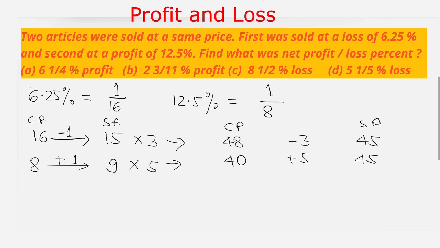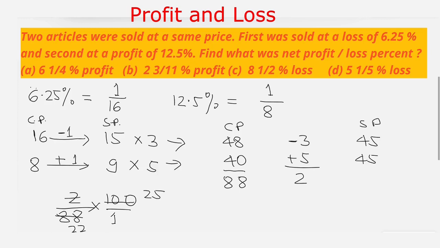Now if we add the cost prices and their profit or loss, we get cost price equal to 88, that is 48 plus 40, and profit is 5 minus 3, which is 2. Thus we can calculate the profit percent. Profit percent is profit over CP, which is 2 over 88 multiplied by 100 for percentage. 4 divides 88 for 22 times and 100 for 25 times, and 2 cancels 22 for 11 times.